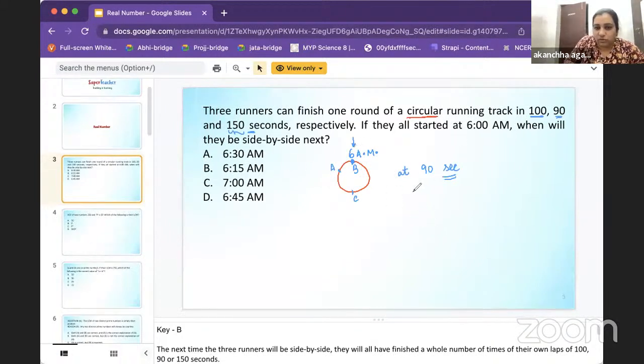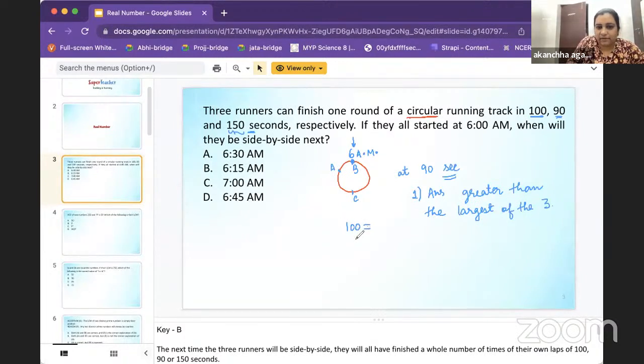We get the first clue that whatever answer we are looking for is greater than the largest of the three. And this gives us a hint that we have to go for LCM. Now, if we want to find the LCM of these three numbers, what should we do?